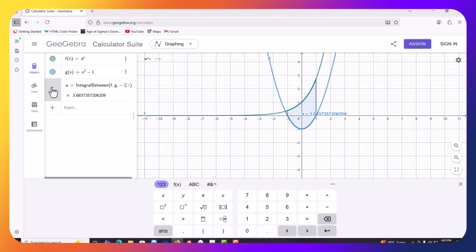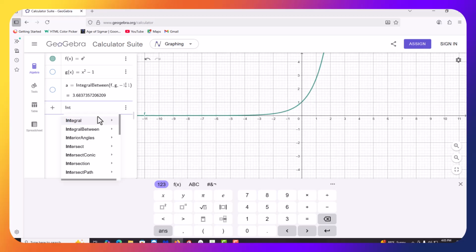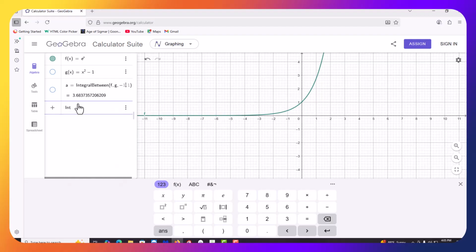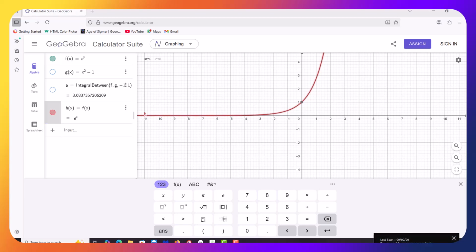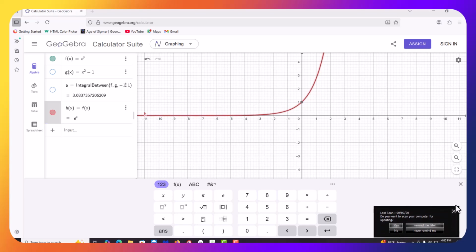Now watch, I'm going to turn these off. I'm going to want the integral. Actually, let's do this first. My height function was f of x minus g of x, you gotta love it when these pop-ups come, right?